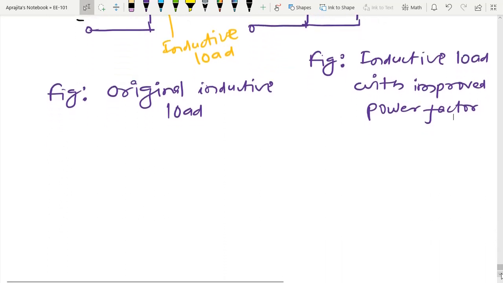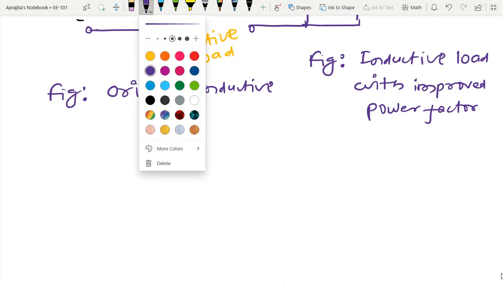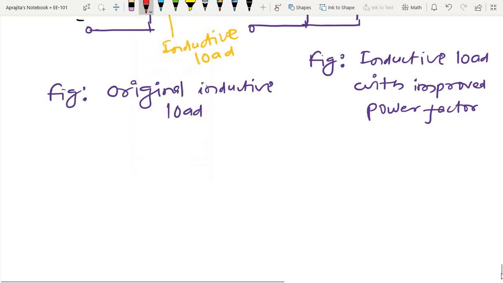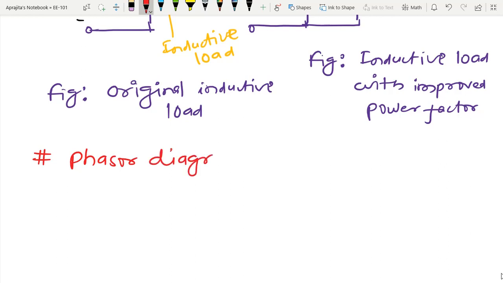So using the phasor diagram I am going to look into this point, and using this phasor diagram I am going to show the addition of a parallel capacitor to this inductive load.